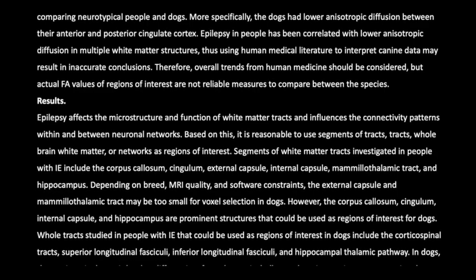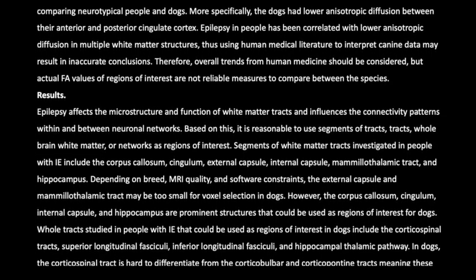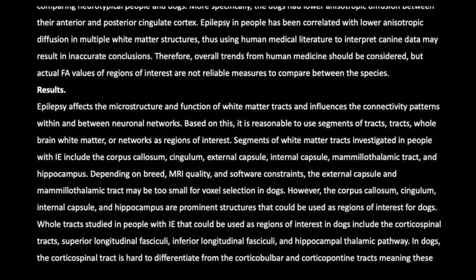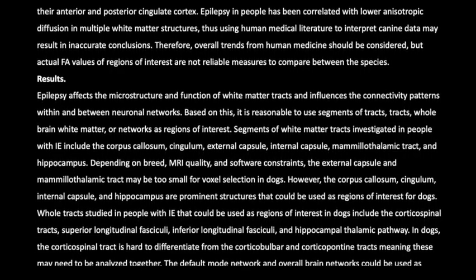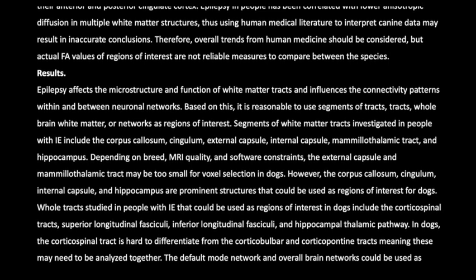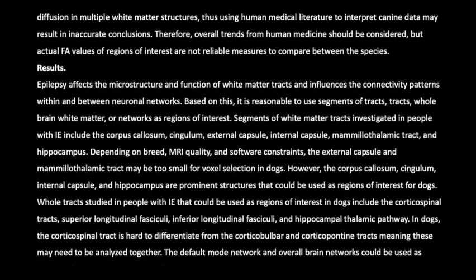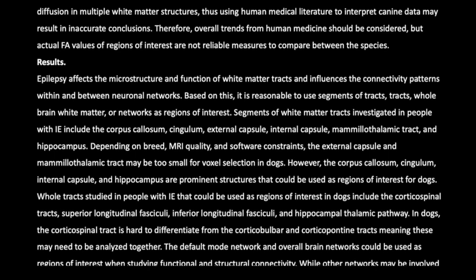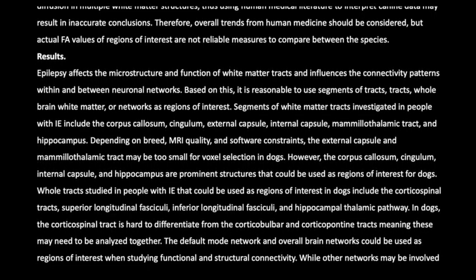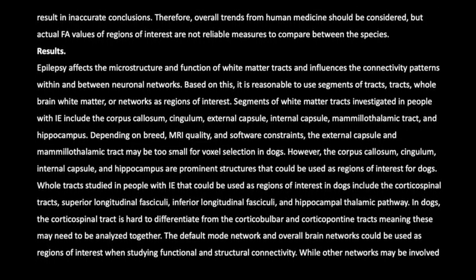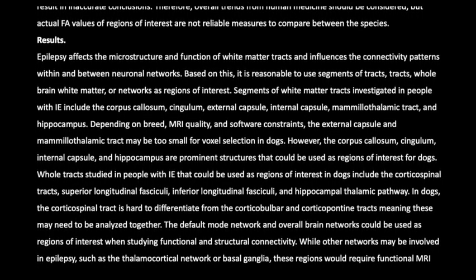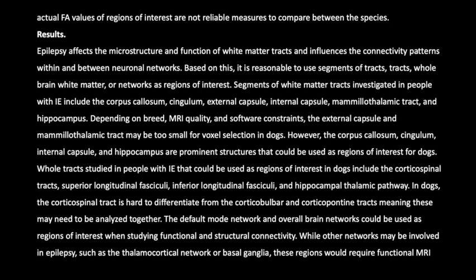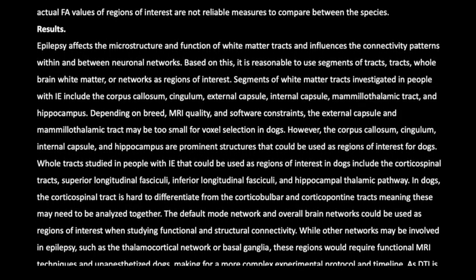Results: epilepsy affects the microstructure and function of white matter tracts and influences the connectivity patterns within and between neuronal networks. Based on this, it is reasonable to use segments of tracts, whole brain white matter, or networks as regions of interest. Segments of white matter tracts investigated in people with IE include the corpus callosum, cingulum, external capsule, internal capsule, mammillothalamic tract, and hippocampus.